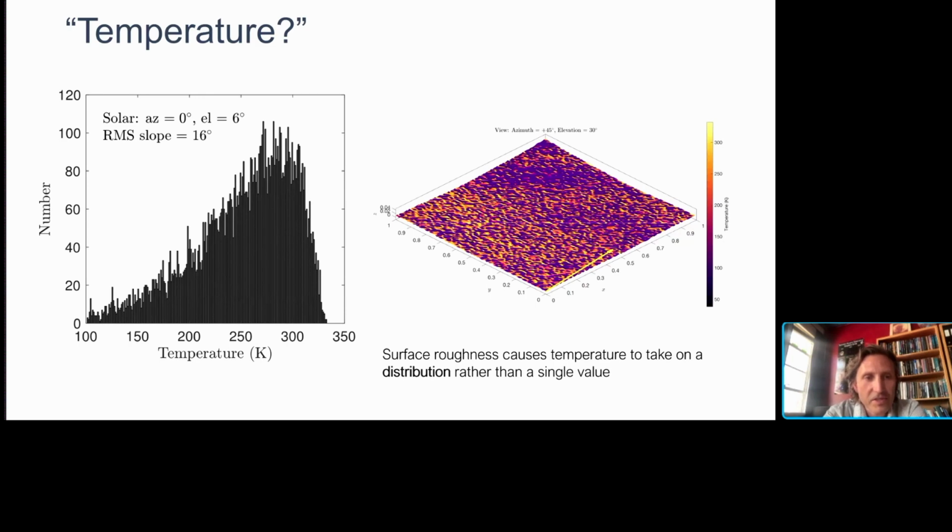This is the number of surface facets having that particular temperature. What surface roughness does is it basically spreads out the distribution of temperatures. And I think I misspoke. This is an instantaneous temperature distribution, not the maximum.